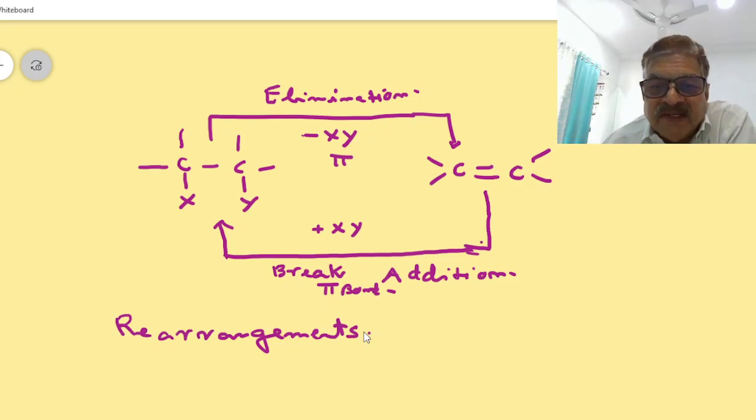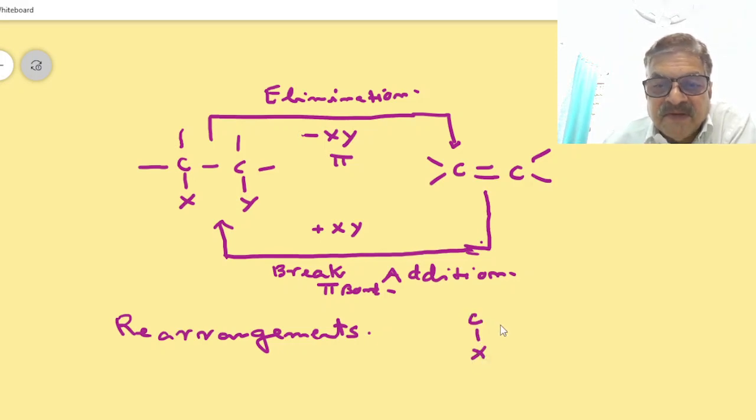That is, suppose we have a compound of this nature here. Something like this.